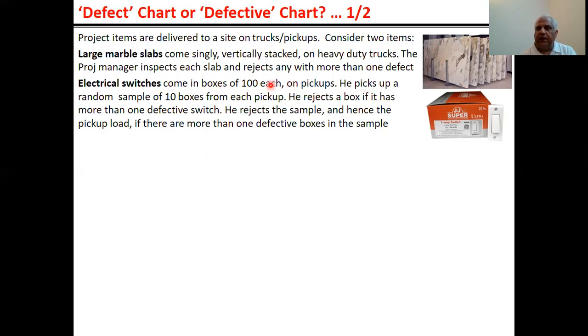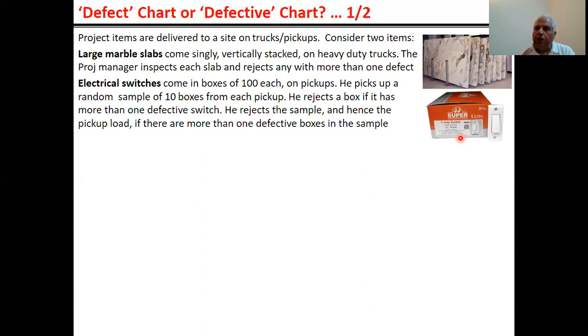These electrical switches come in boxes, and each box carries 100 such switches. The project manager picks up 10 boxes of switches from each pickup load in this case, and inspects each and every switch in those 10 boxes. If a switch has more than one defect, that switch is considered defective.